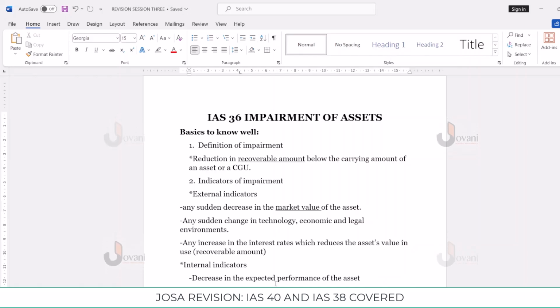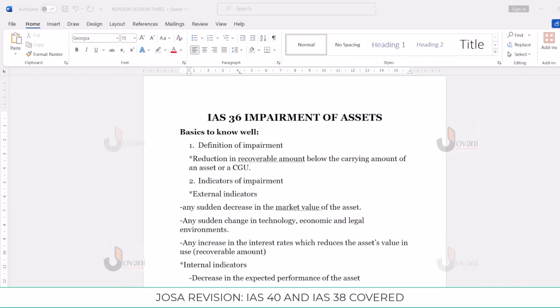Impairment. Now, in your case scenarios, they will not give you these simple things. They will say that this company is in forestry, then a fire caught up one of its plantations. At that point, just know that they're talking about impairment, because there was damage on some of the assets of the company.